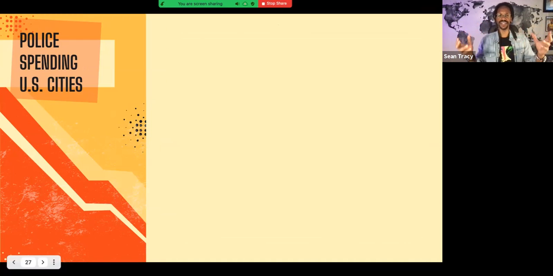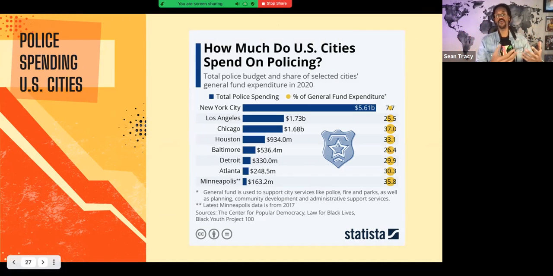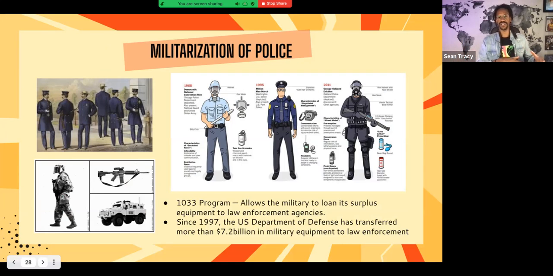With police funding, they want to know why we spend so much money on police compared to other institutions like FEMA, the CDC, and the EPA. Why are those institutions within our government not getting as much funding?